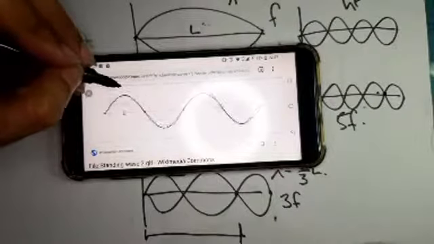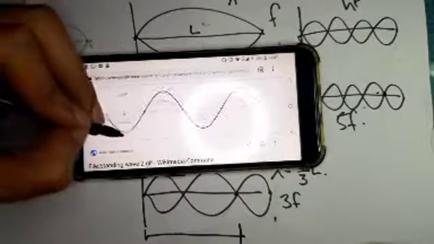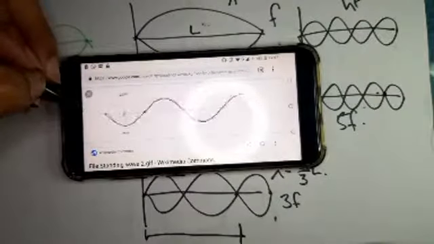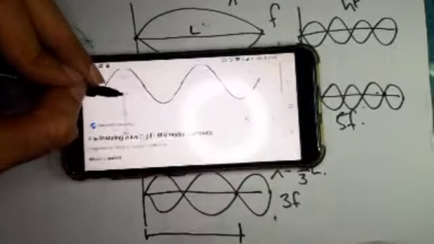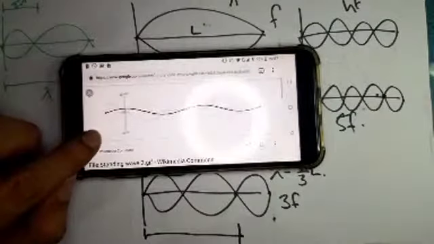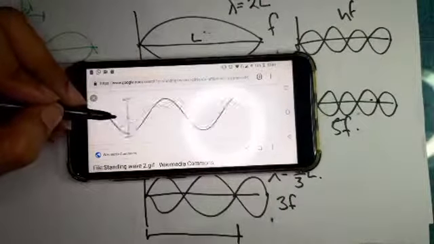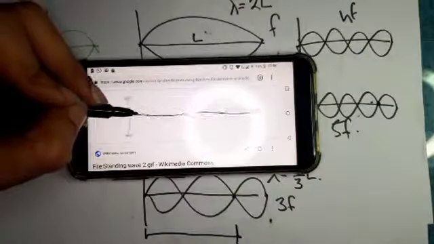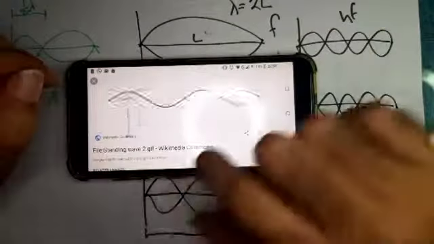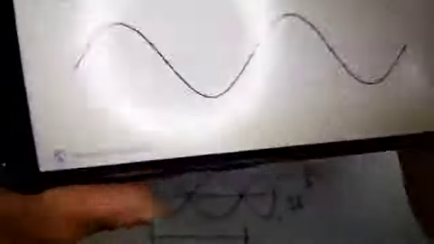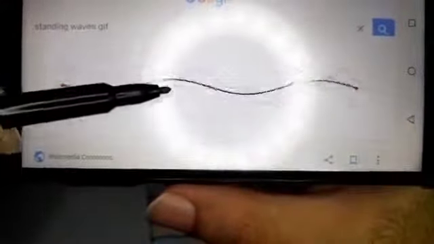If we take this point on the screen, what happens is the amplitude is here and here for the antinode, right? But you notice one thing, that only the points on the antinode move this distance, right? Not all of them. The other points don't even move this distance. So what you see is only the antinodes move with maximum displacement.